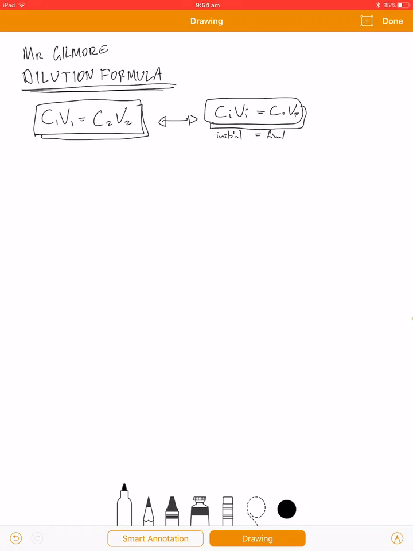So what this means is that if we look at where this formula comes from, if we start with a beaker of, for example, potassium ions, say that we've got 5 mole of potassium in there, and we want to dilute that to reduce the concentration.